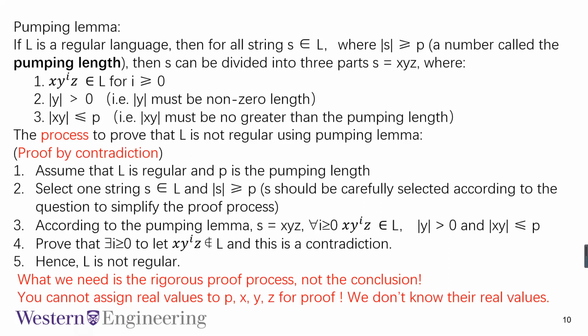This is wrong. We don't know their real values, and the pumping lemma doesn't give you the power to assign real values to P, X, Y, Z for proof by yourself.